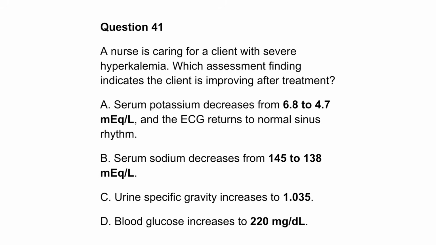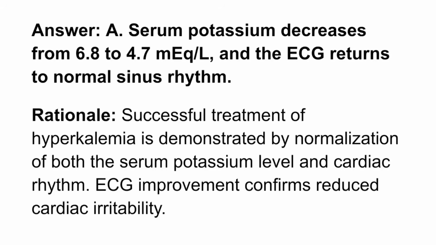C. Urine-specific gravity increases to 1.035. D. Blood glucose increases to 220 milligrams per deciliter. Answer: A. Serum potassium decreases from 6.8 to 4.7 milliequivalent/L, and the ECG returns to normal sinus rhythm. Rationale: successful treatment of hyperkalemia is demonstrated by normalization of both the serum potassium level and cardiac rhythm.